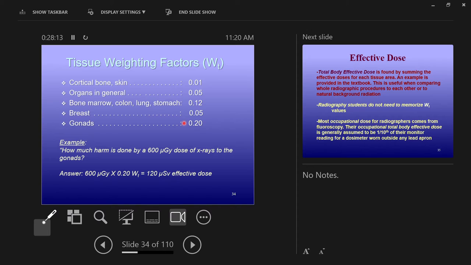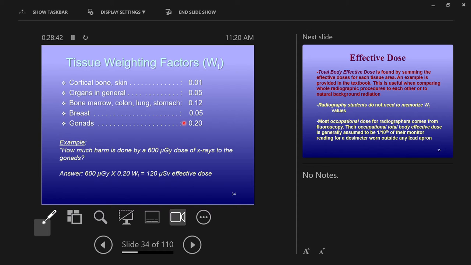The bigger this number is, the more sensitive to radiation that part of the body is, with gonads being our most sensitive. You do not have to memorize tissue weighting factors. You must remember the radiation weighting factors.